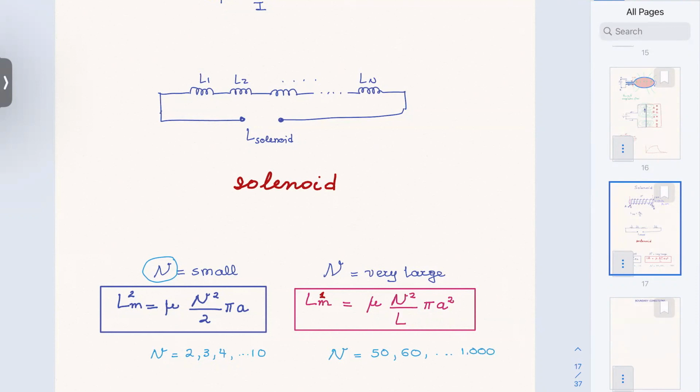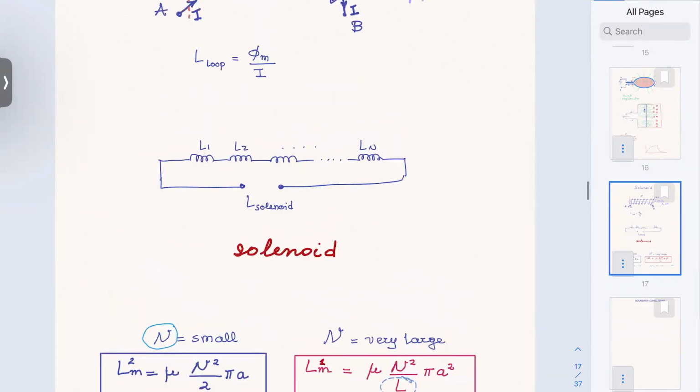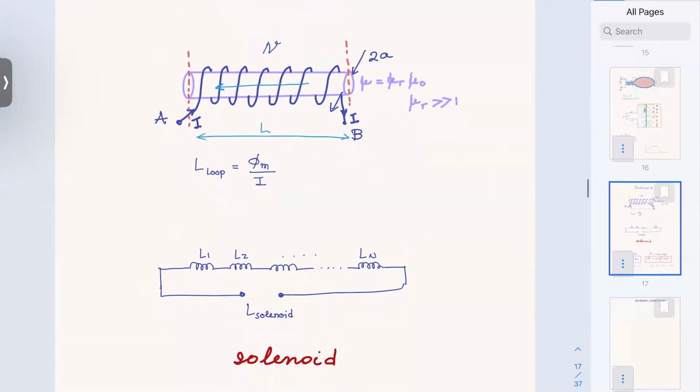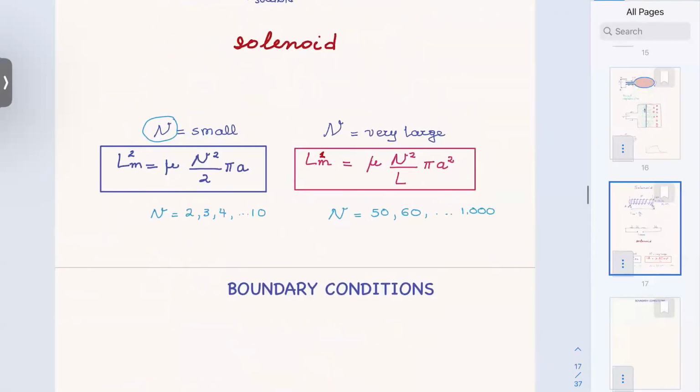And in this case, we have a new parameter that comes into the picture, and that is the length of the solenoid, which in fact here, it would be this. It's the length of the magnetic core. And in that particular case, we have a different expression for the inductance.